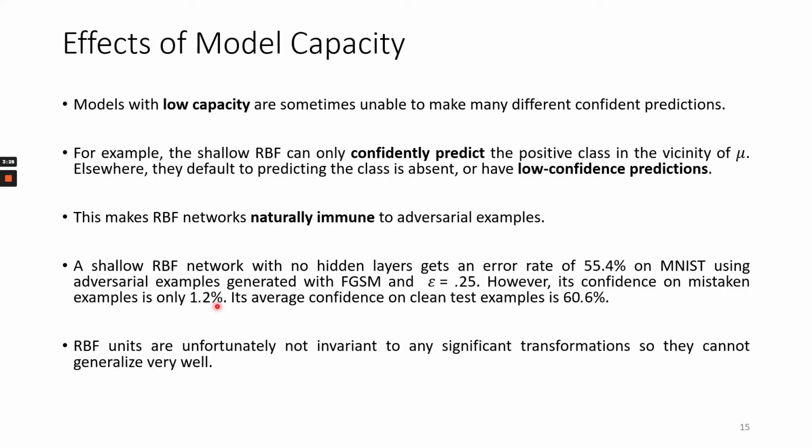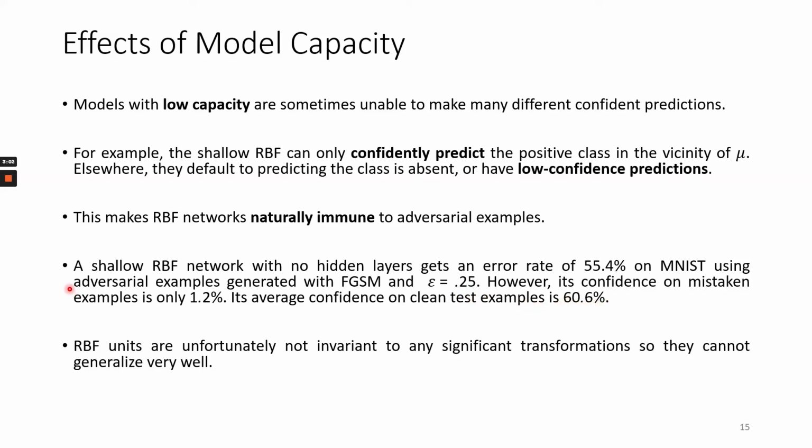So the network was classifying the images as a different class as opposed to the original correct answer, but the confidence was very low. So we could disregard the answers completely. But on the other hand, the average confidence on the clean test examples was decent, which was almost 60.6%.